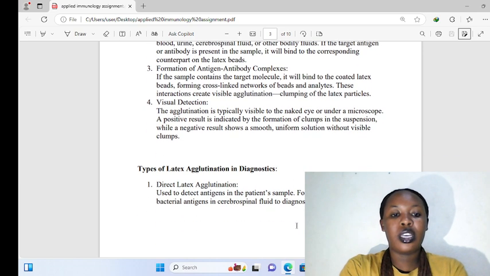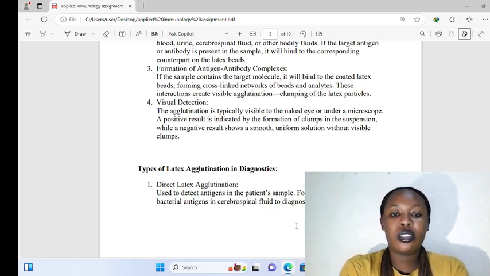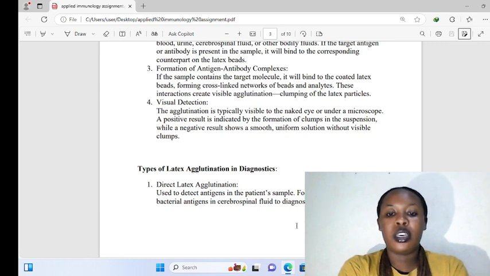The third procedure is formation of the antigen-antibody complex. If the sample contains the target molecule, it will bind to the coated latex beads, forming a cross-linked network of beads and analyte. This interaction creates visible agglutination, clumping of the latex particles.